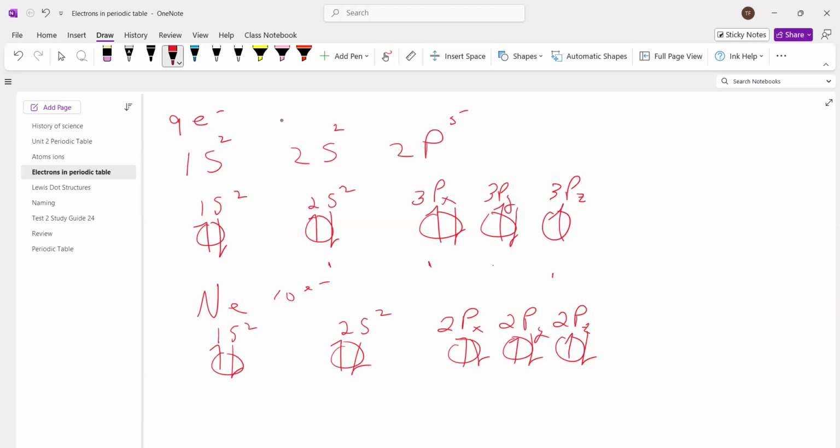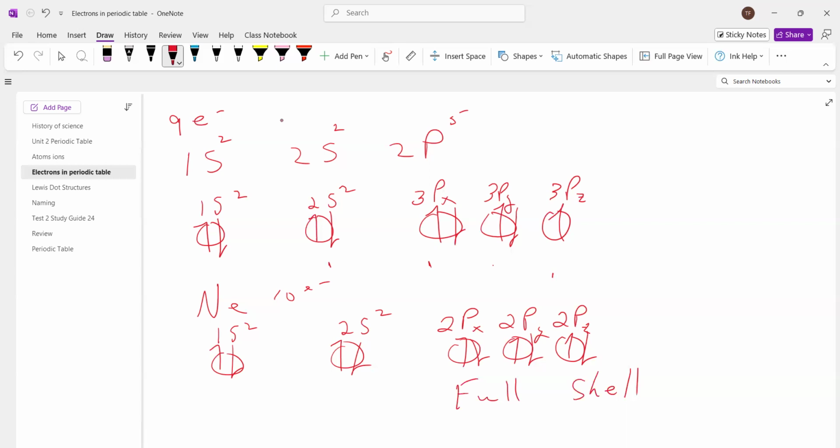When this happens, it's called a full shell. Now we're talking about the valence orbitals, which are these here. The ones are core, valence. Now everything depends on configuration of the valence electrons. So we've got full shell. The 2s are full, all the p's are full.